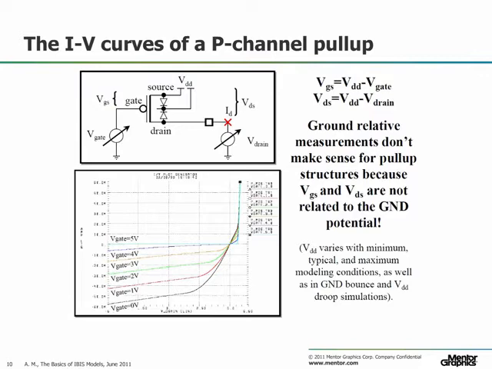Keeping that in mind, making ground-relative pull-up IV curve measurements makes even less sense because the IV curves would cross the 0 point on the x-axis in 3 different places for the typ, min, and max conditions of the measurement. For this reason, the pull-up and power clamp IV tables are all expressed in a VDD or VCC relative manner in the IBIS files as shown on the next slide.